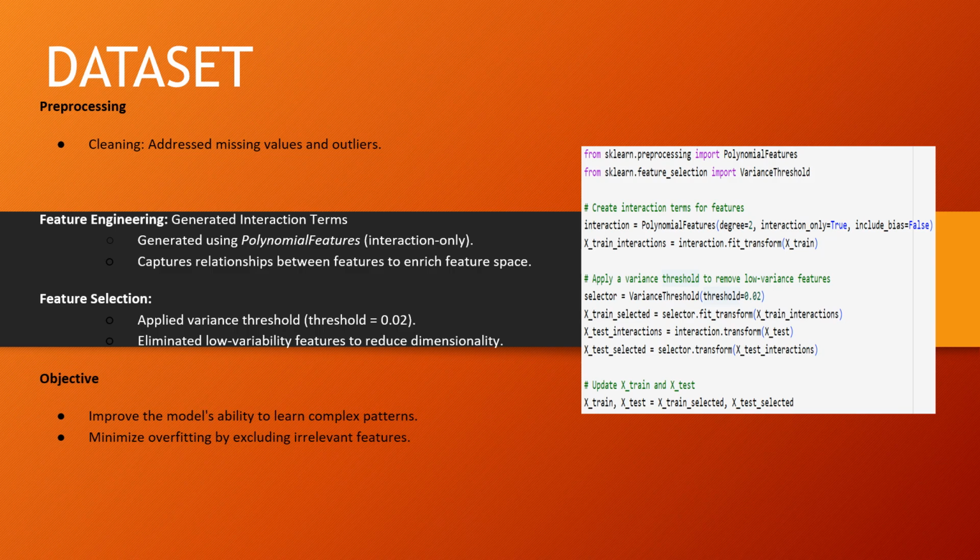Next, we applied feature selection using the variance threshold method. This removes features with low variance, in other words, features that don't change much and aren't useful for distinguishing between different classes. By doing this, we reduce the number of irrelevant features and make the model more efficient.